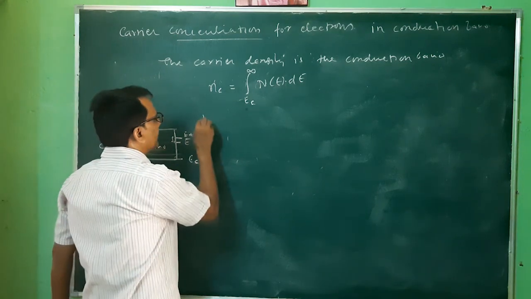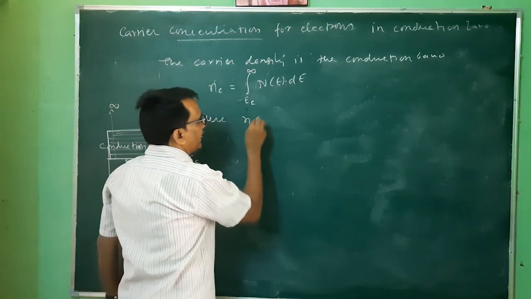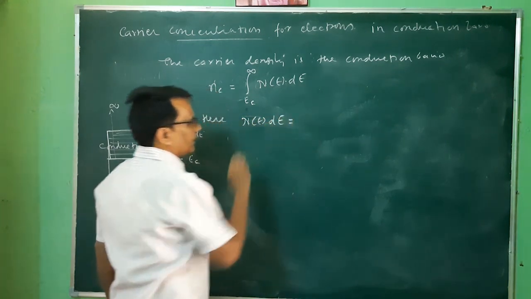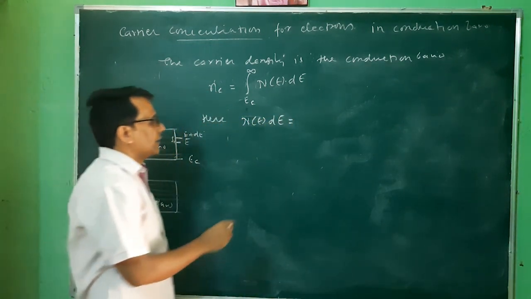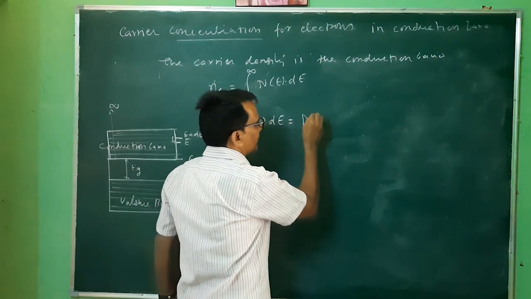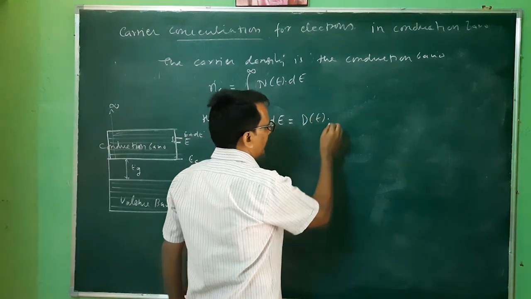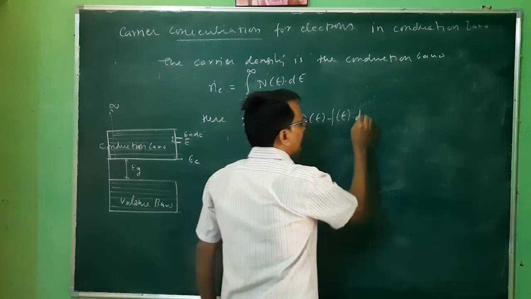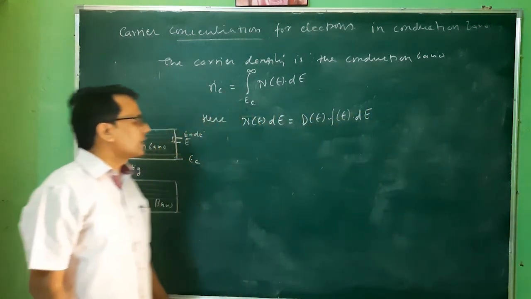So here N(E)dE is defined as the multiplication of the density of states in this energy range with the Fermi-Dirac distribution function. How is this?